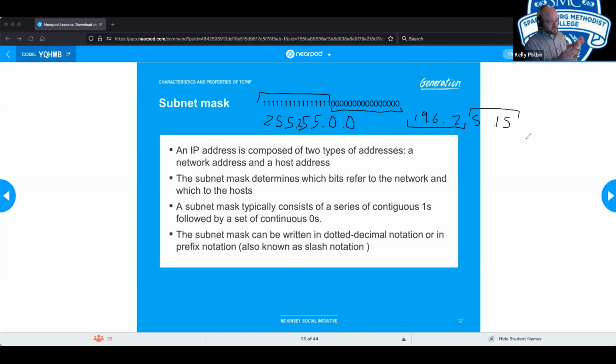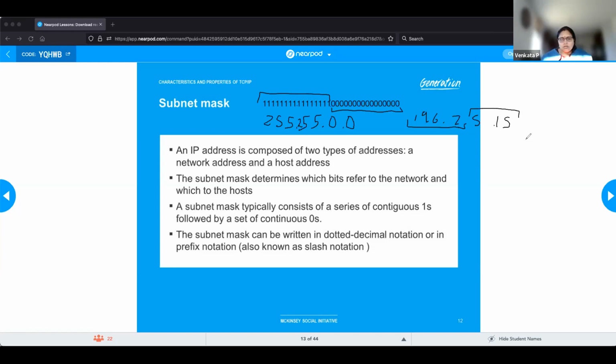So that first chunk of the address gets you to the network. It lets the DNS servers and the routers route it to the proper network, so it knows which network this computer is on. And then when it hits that network, it'd be like, okay, I need to speak to 5.15, which is Venkata's computer. I don't need to send it to 5.32, which is Mark's.